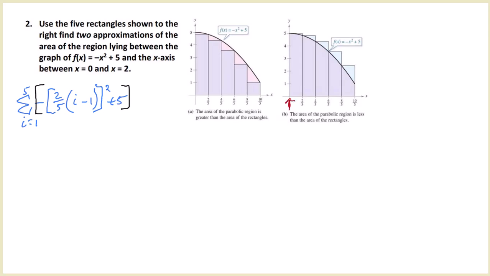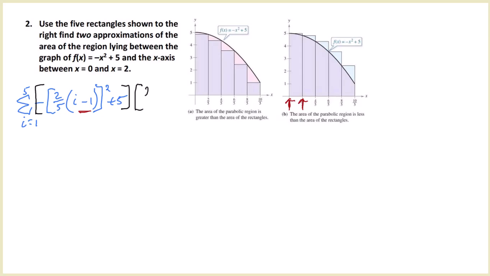There's my first one, here's my second one. We're using the left-hand corner at the top of the rectangle, so over here I've got to say i minus 1, because I want to start at 0. When i is 1, that'll be f of 0. Does that make sense? And so I've got to trail behind all the way across.